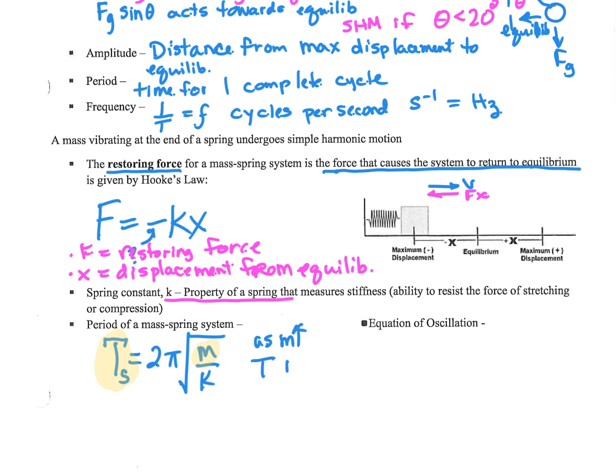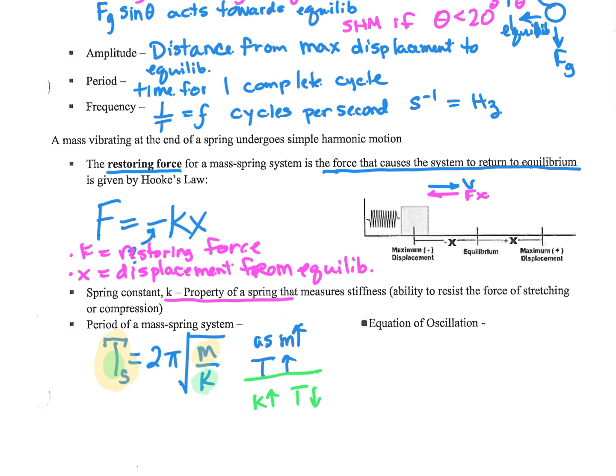And it is inversely proportional to K. So as the spring stiffness goes up, the period goes down. The stiffer the spring is, the harder it is to get it to move anyway, right? So as M goes up, T goes up.